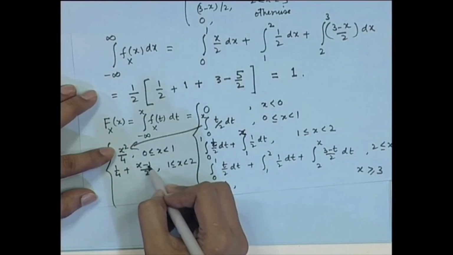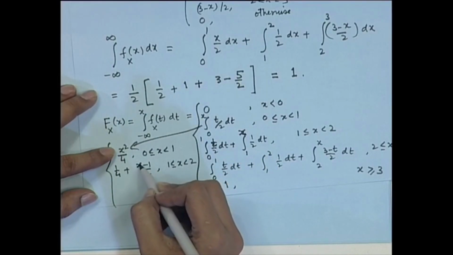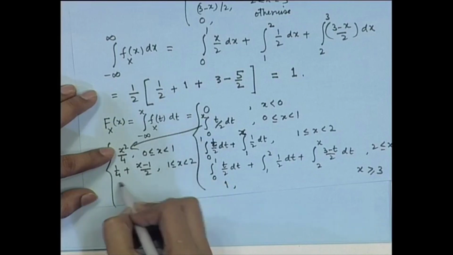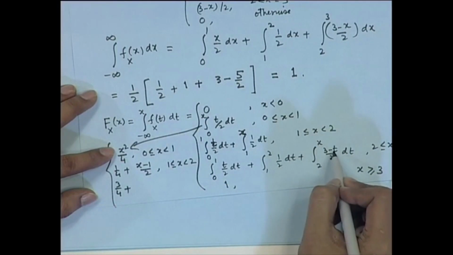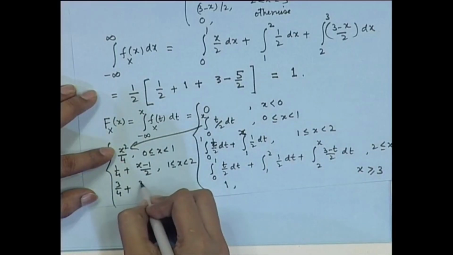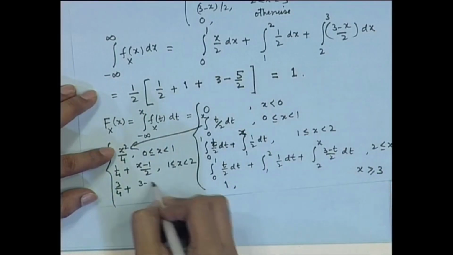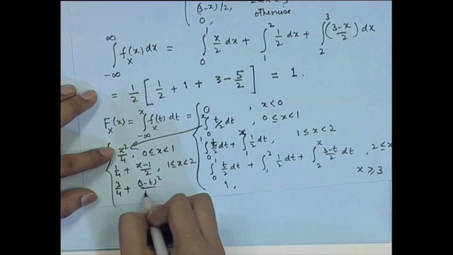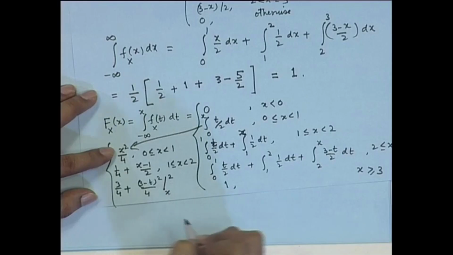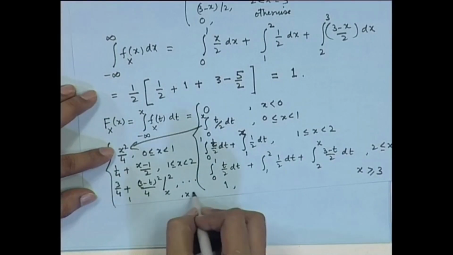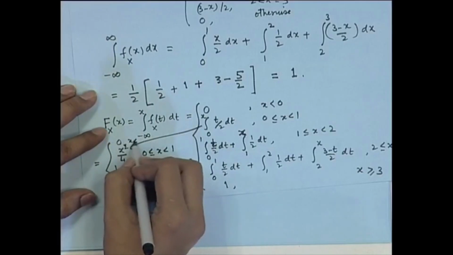Once again here if we have integrated up to 2, then this value would have become 3 by 4 plus the value of this term, that is (3 minus t) whole square by 4 from x to 2, which will be some value. It is 1 for x greater than or equal to 3, 0 for x less than 0.